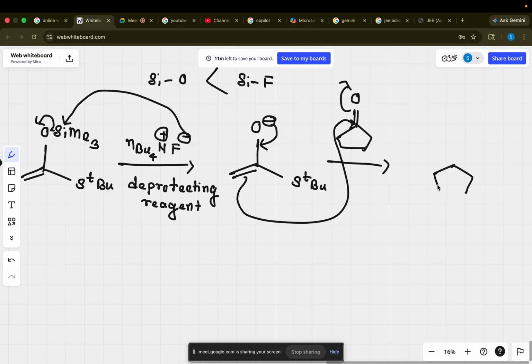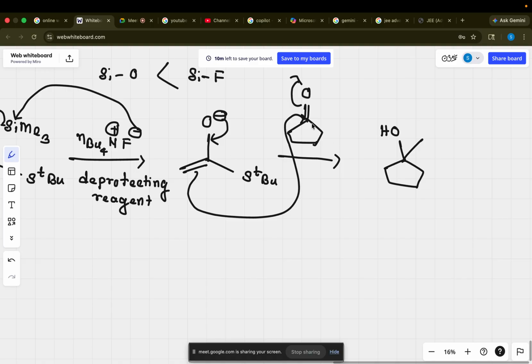First of all, draw this 5-membered ring. You will get O minus, I am writing directly OH. And then you have here this CH2. So this carbon is attaching with this carbon, right? Then you have double bond O, and then you have S tertiary butyl. This thing you are getting.